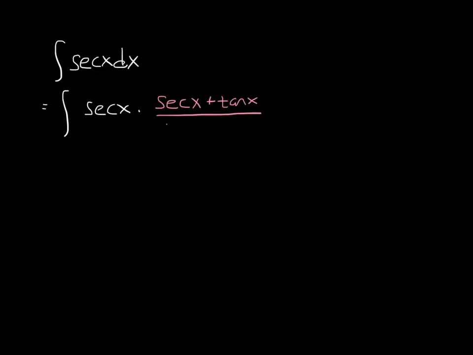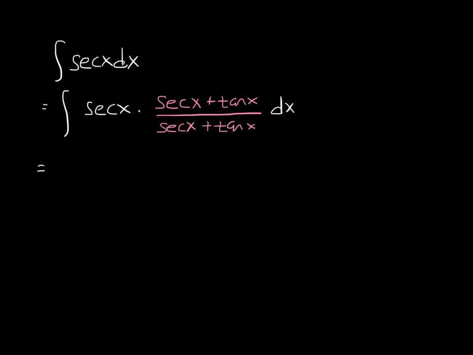Now the integral of secant is going to be a little bit more involved. Now we can write secant as 1 over cosine, but we're going to get stuck there because u sub isn't going to help us out. So what we're going to do is multiply secant by 1, except 1 is going to look like secant plus tangent over secant plus tangent.